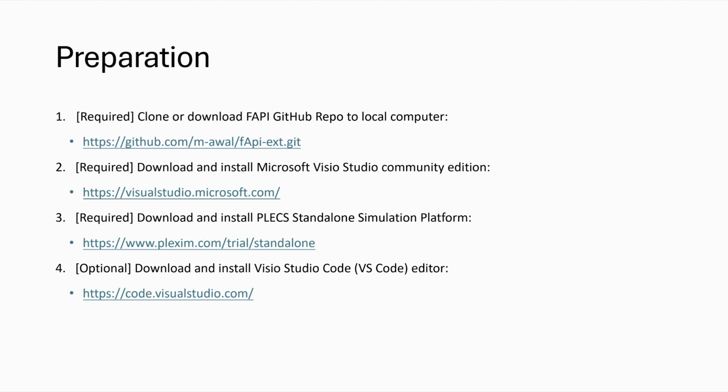The third requirement is to have the Plexim standalone simulation platform on the user's end. Optionally, the user can use any code editor, and for this demo, we will be using the VS Code editor.